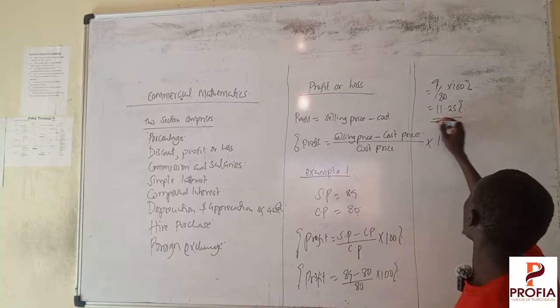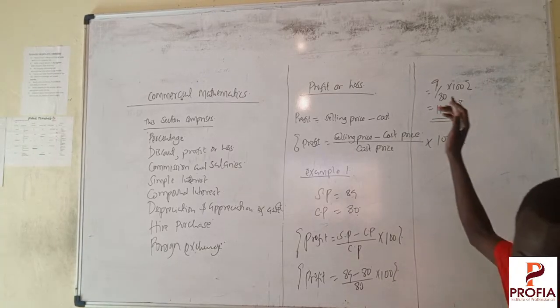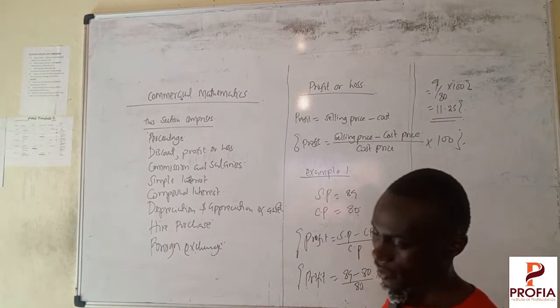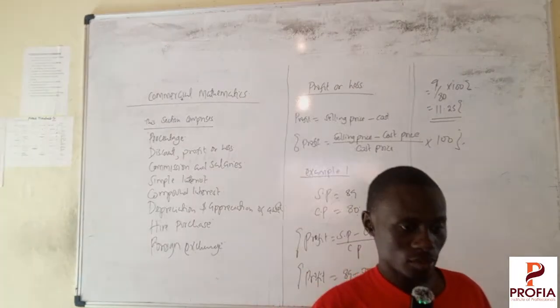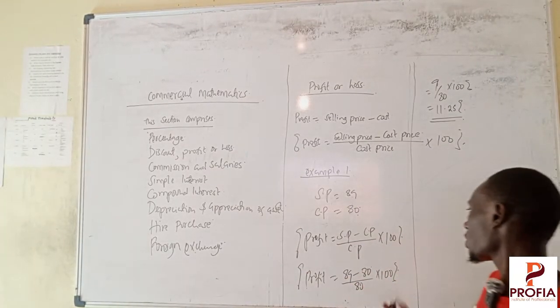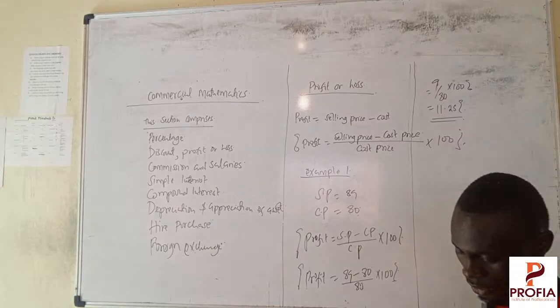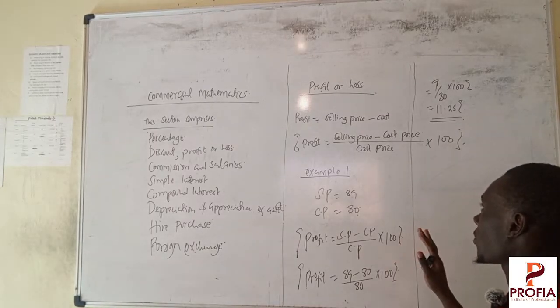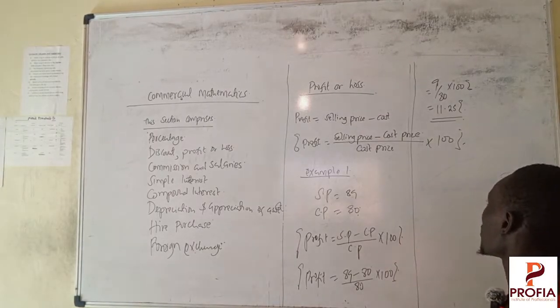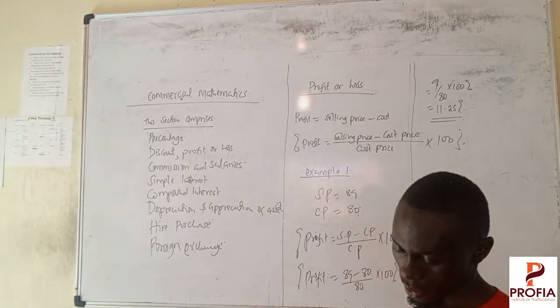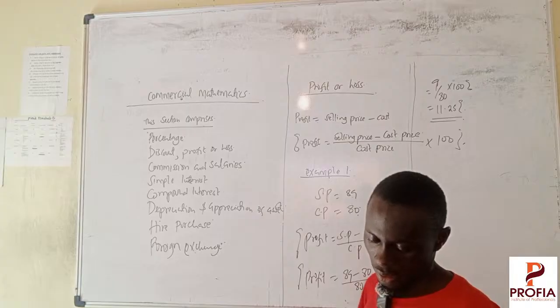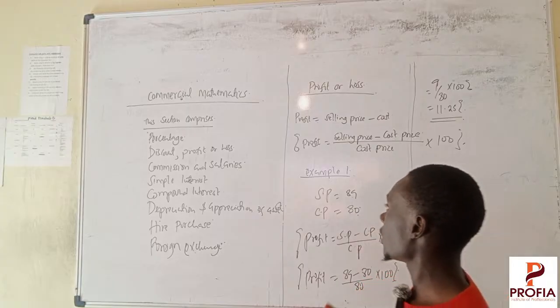So this is our percentage profit. These questions are always simple like this. So that is part of how to get the percentage profit.